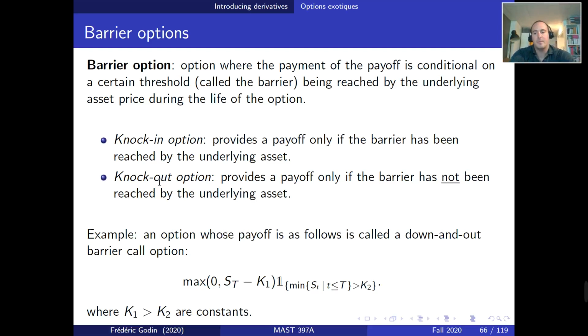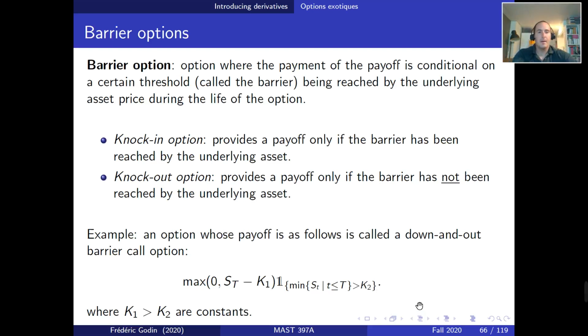For example, I give what we call a down and out barrier call option. Here, the option payoff at time capital T is the same as for a regular call option with strike K1. But the payoff is provided if and only if the minimal value of the stock throughout its life remains above K2, where K2 is a constant smaller than K1.